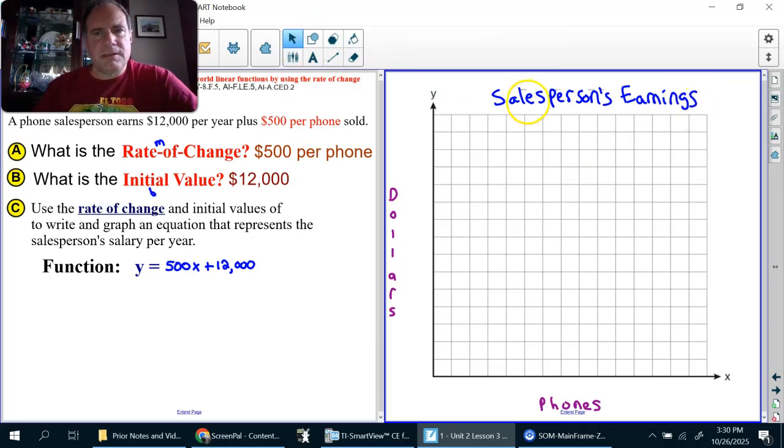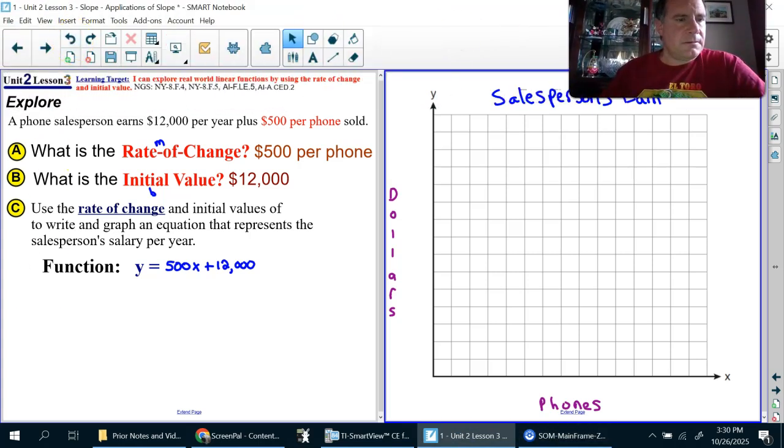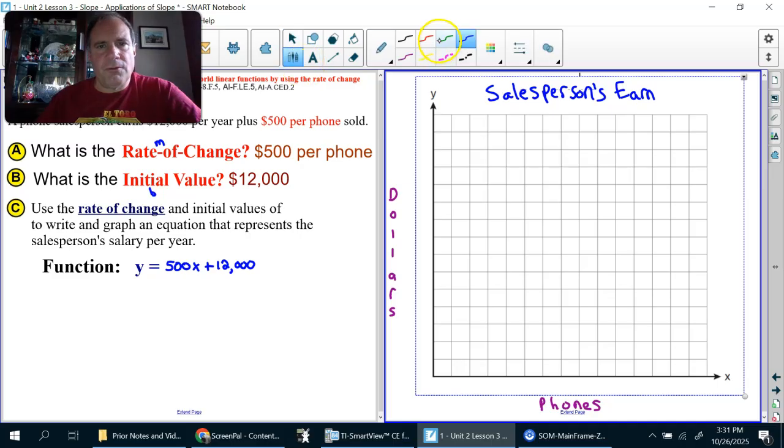Salesperson's earnings, that's it. Okay, so phones.